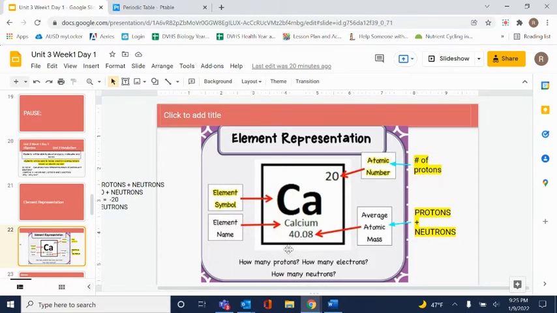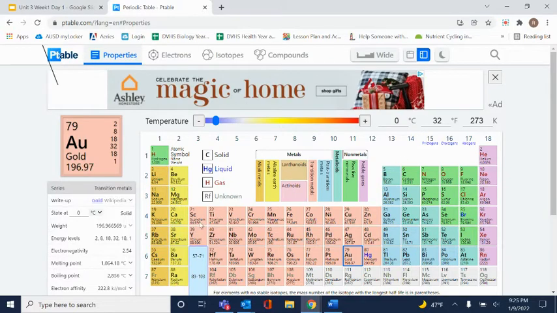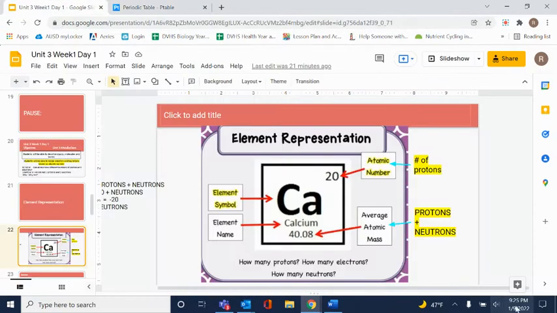From periodic table to periodic table, they should be pretty much the same atomic mass. But sometimes with funky worksheets, maybe it'll be a decimal point off. You can always trust the periodic table that I gave you the link to.